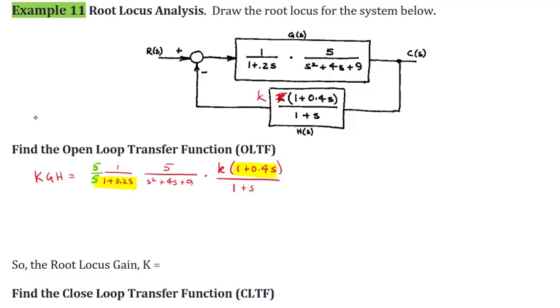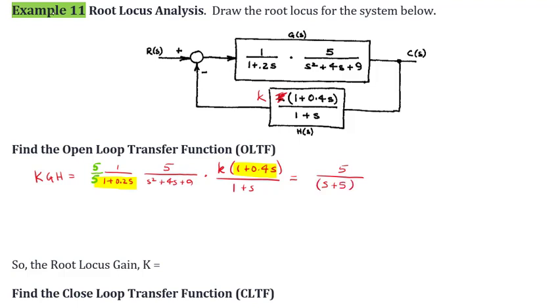So I have 5 in the numerator, and then in the denominator, I'm going to have 5 plus 0.2 times 5, which is 1. So it's going to be 5 plus s. So I'm going to go ahead and rewrite that one. That's going to be 5 over 5 plus s, and I'm just going to reverse it and put s plus 5.